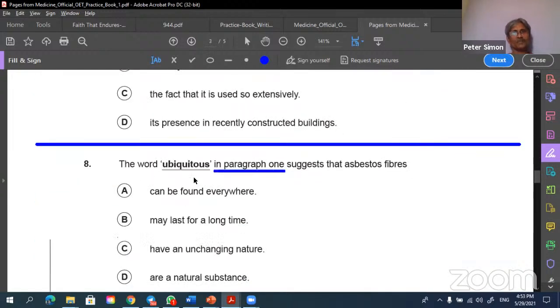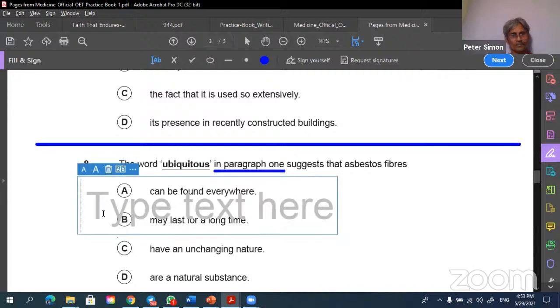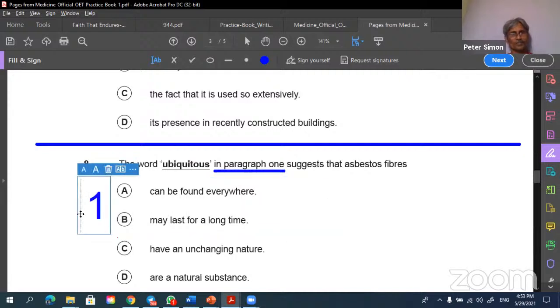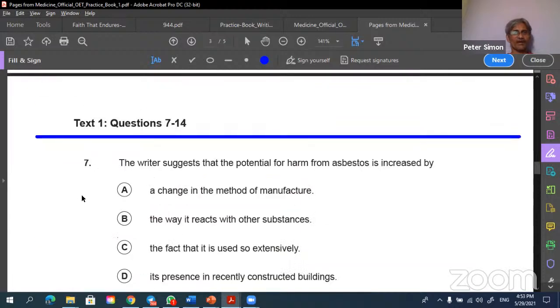So now here, paragraph number 1. So this is paragraph number 1. And if this is paragraph number 1, this cannot be paragraph 0. So it should be paragraph 1 only. It must be paragraph 1 only.